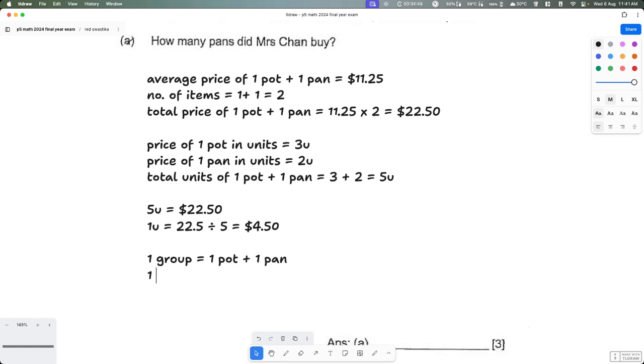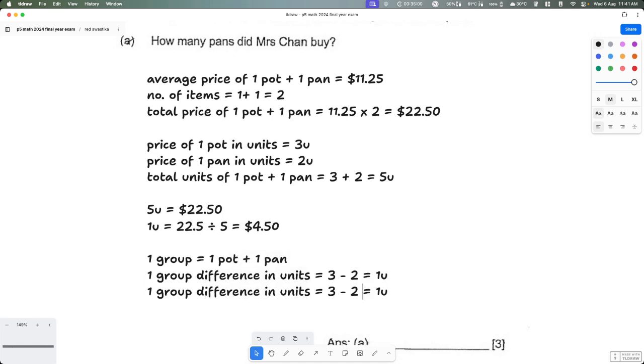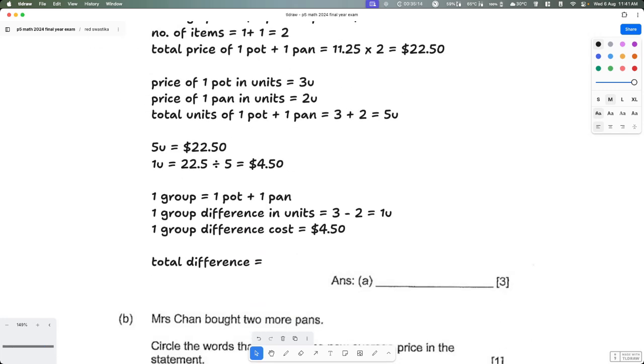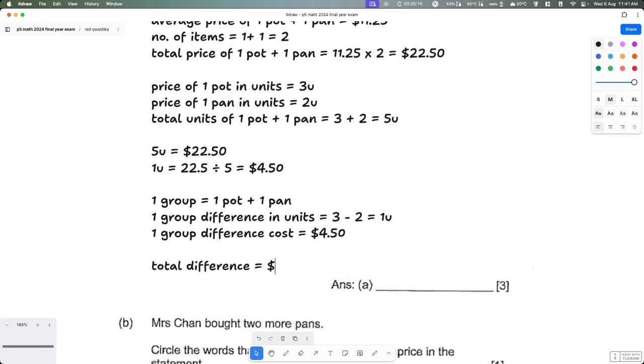Okay, so one group is equal to one pot plus one pan. One group difference in units is equal to 3 minus 2, which is 1 unit. So one group difference cost is basically $4.50. Then the total difference we know is $45.